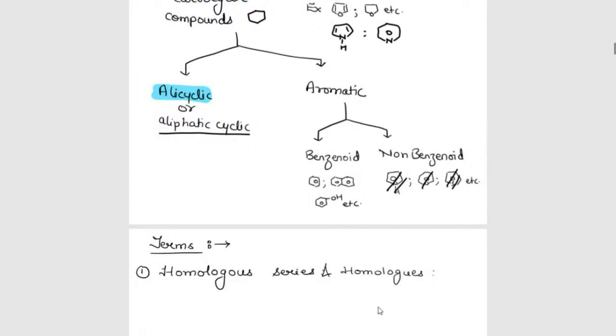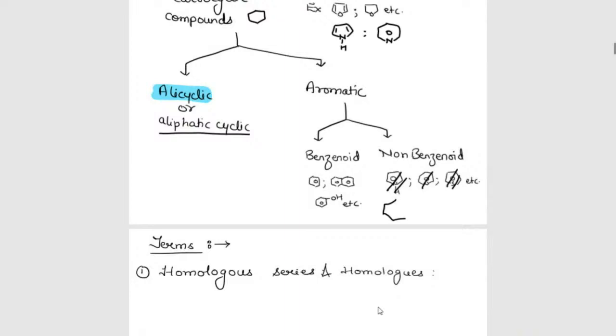Benzenoids like benzene, naphthalene, phenol. See, phenol, but oxygen is not part of the loop. We said it is homocyclic. The loop should be only of carbon. So what is another example of non-benzenoid but homocyclic?